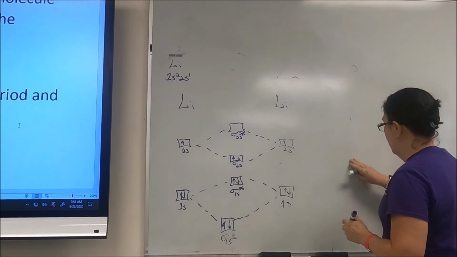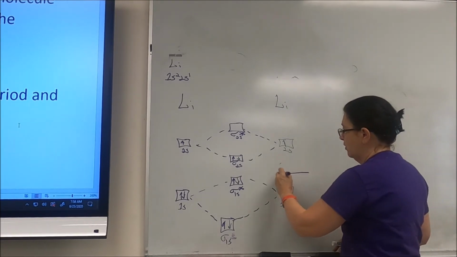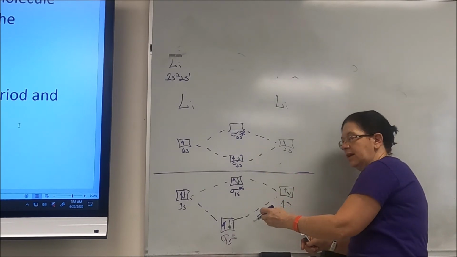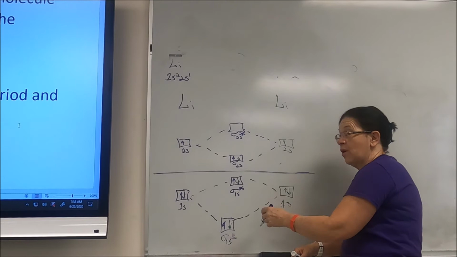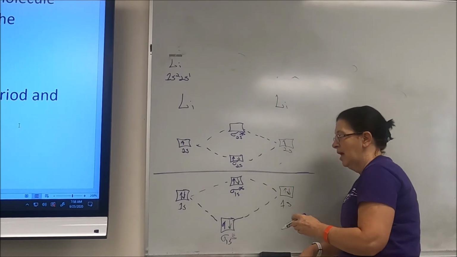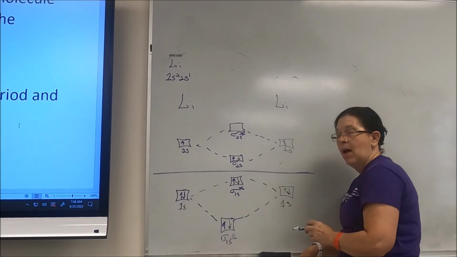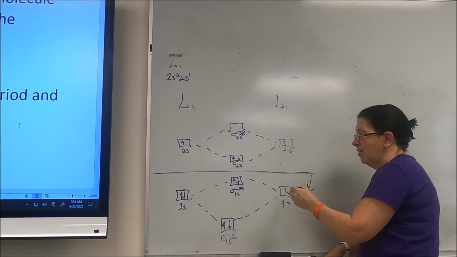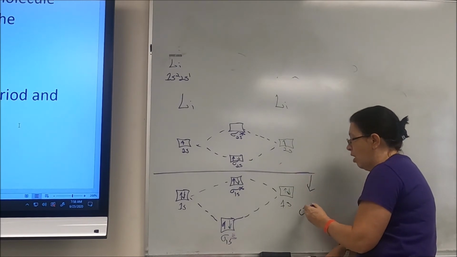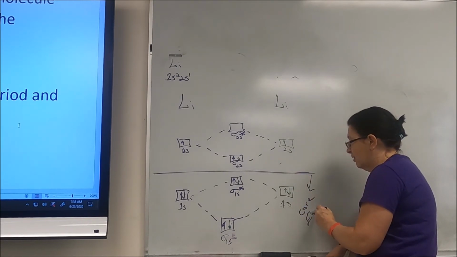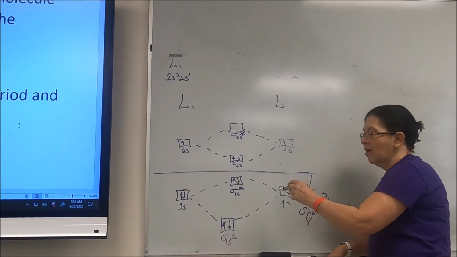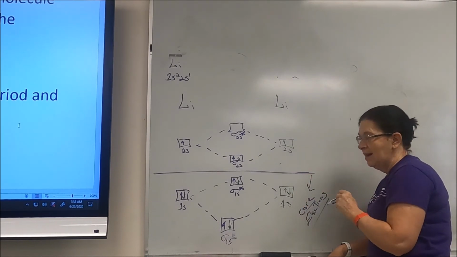Now, I want to show something to you. I want you to notice something. I'm going to draw a line right here. If you look down here in the first shell, notice I have as many electrons in bonding as in antibonding. You know, in the past, electrons that were not in the outermost shell we called core electrons. We're going to do the same thing here. These are core electrons. We're always going to have as many in bonding as we do in antibonding.